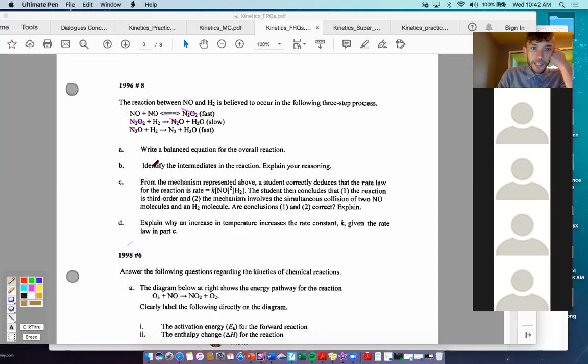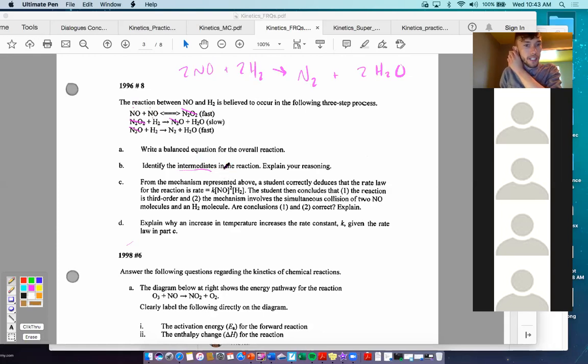So it looks like on the reactant side, I'm going to have NO, NO, H2, H2. So 2NO plus 2H2. It looks like I'm going to get from that an N2 and 2H2O. And that is a balanced equation. So that is good. Identify the intermediates.